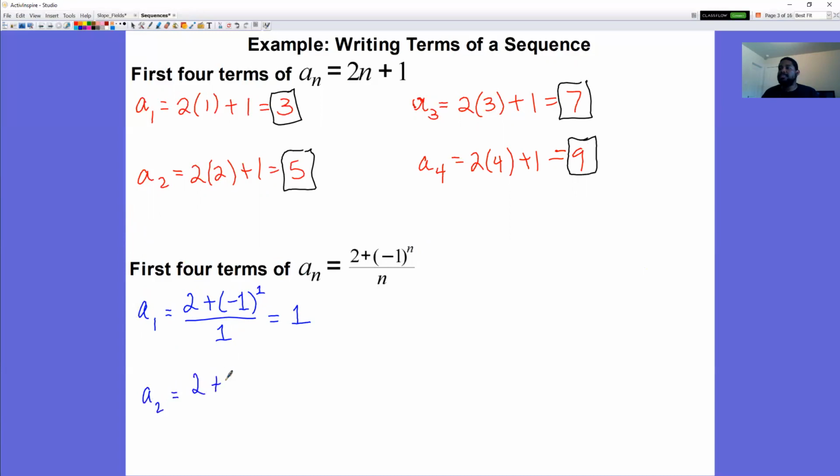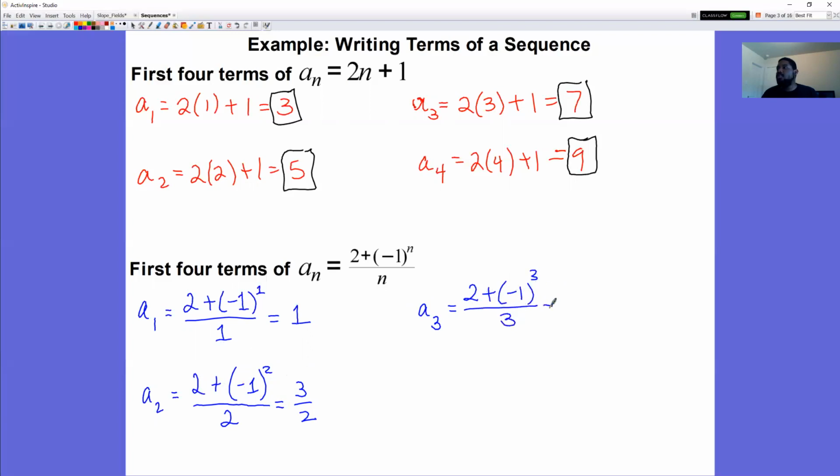Second term, so we have 2 plus 1, because -1 squared is +1. So 2 plus 1 is 3 over 2, is 3 over 2. Our second term. Our third term is 2 plus -1 to the third power over 3.